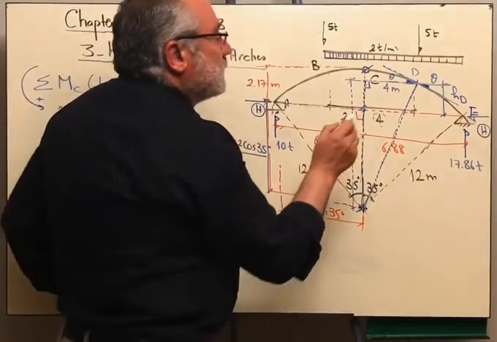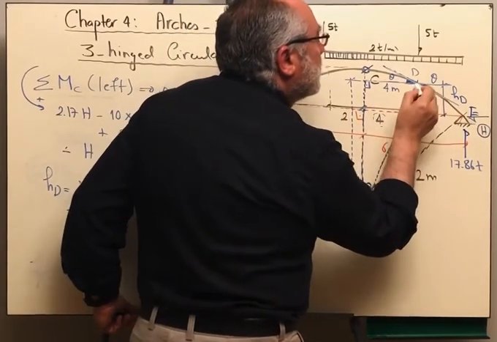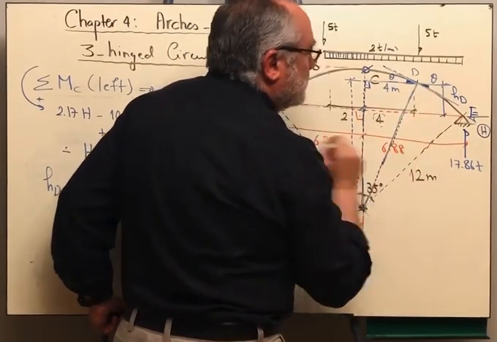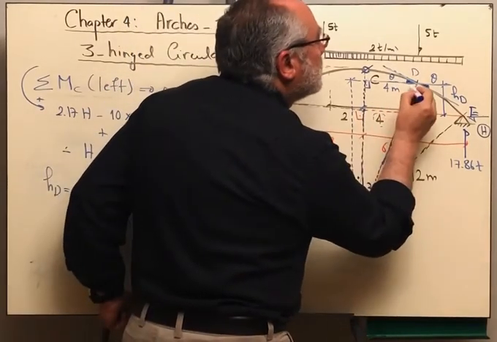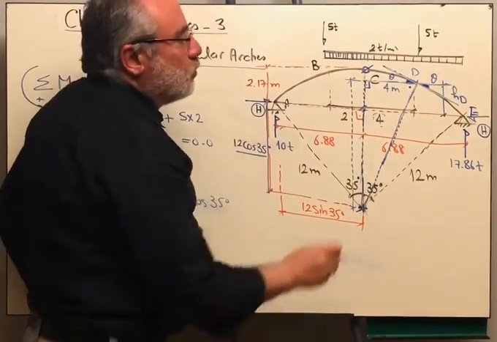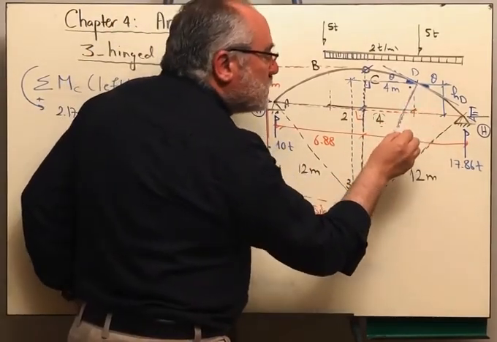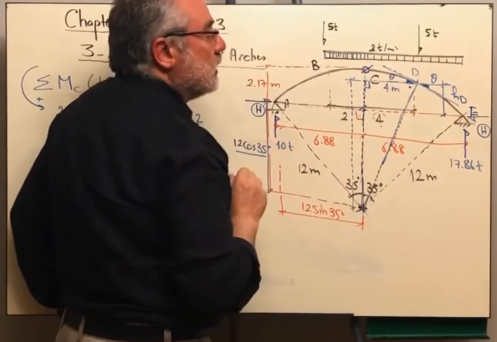What is the relationship between the tangent to the circle and the radius? The radius is perpendicular to the tangent. Therefore, the angle theta plus this angle must be equal to 90, because the radius of the circle is perpendicular to the tangent of the circle.